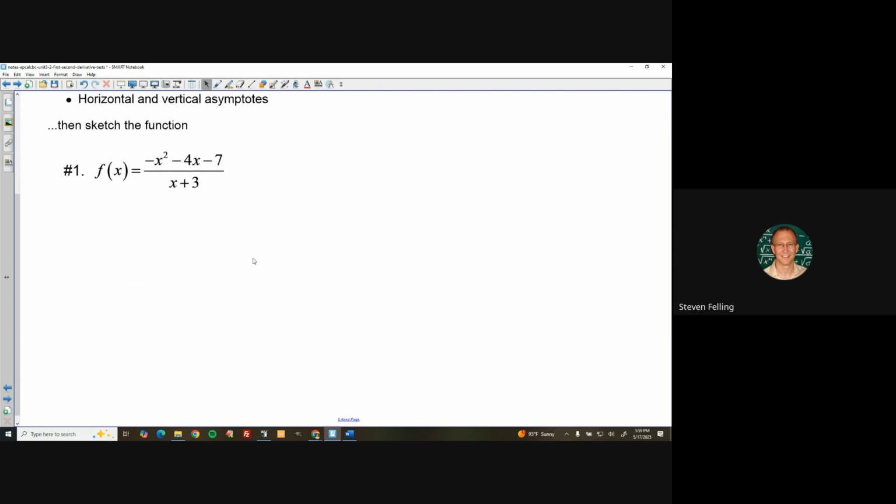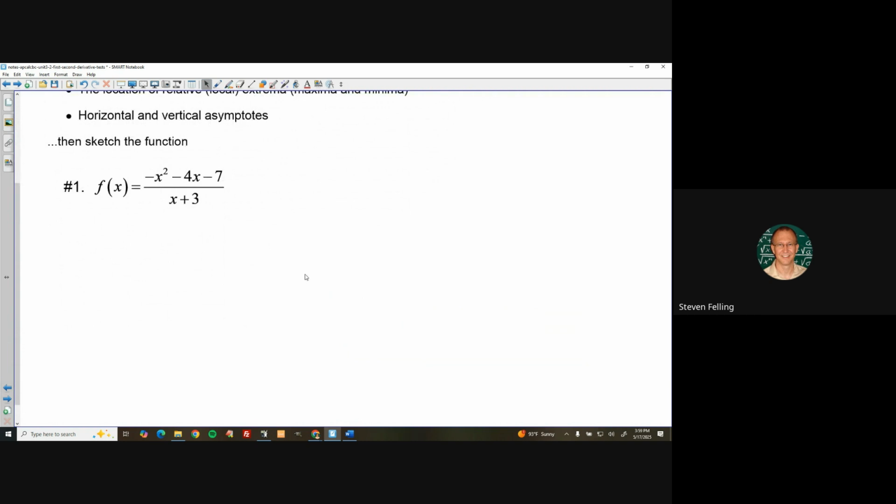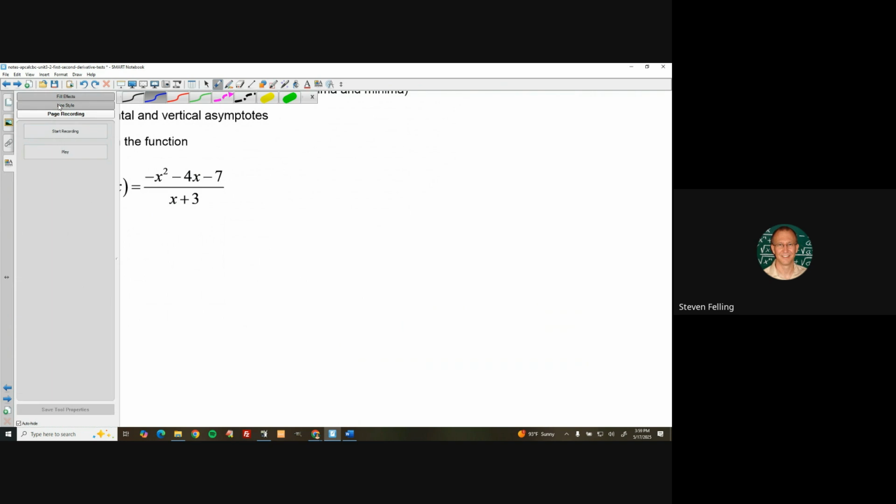So let's look. First of all, they're asking me for critical points and x values. I think in this case, I'm actually going to do a couple things. Let's just do the first derivative test. So for the first derivative test, I'm going to take the first derivative. So let's go ahead and find the first derivative here. Okay.